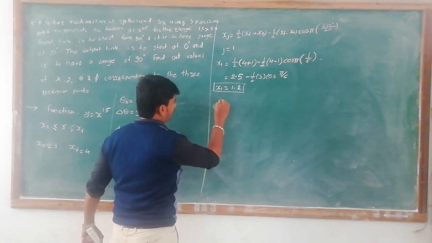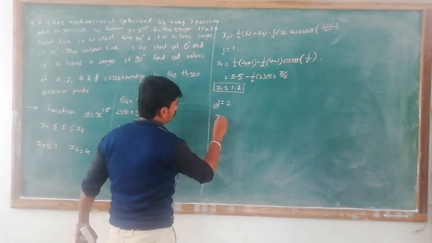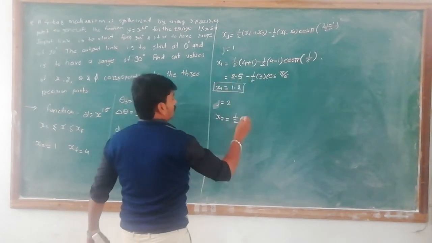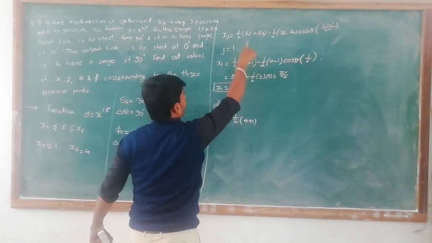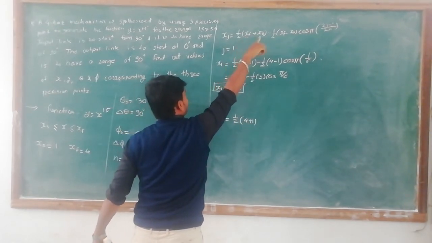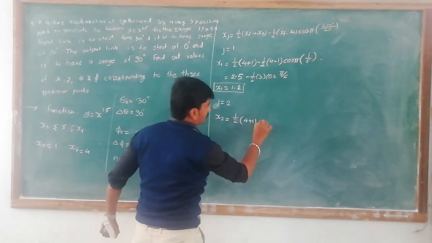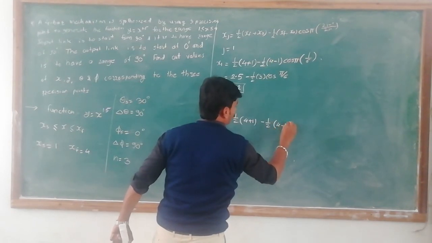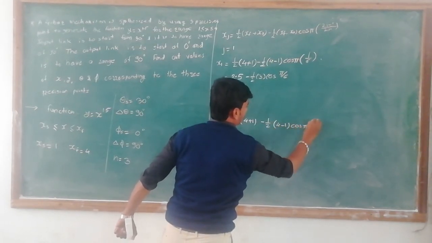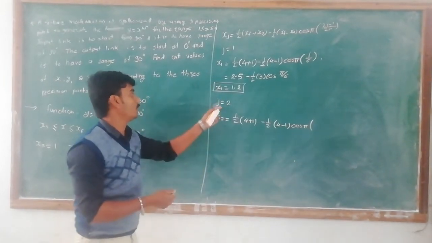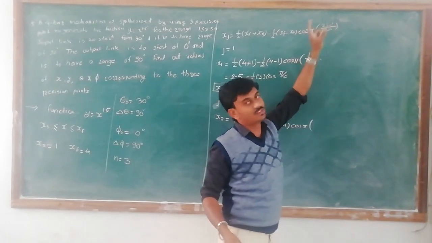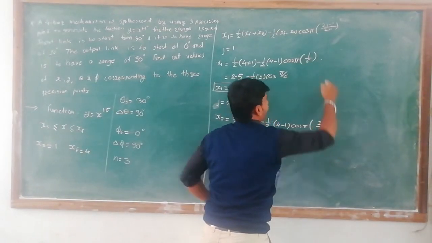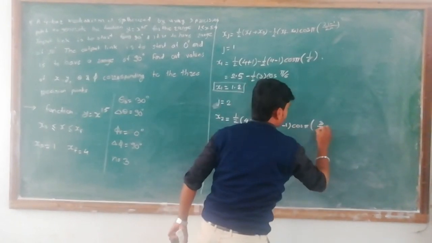So put j is equal to 2. x2 is equal to 1/2 into (4 plus 1) minus 1/2 into (4 minus 1) into cos of pi into (2j minus 1) divided by 2n. Here j is equal to 2, so 2 into 2 is 4, 4 minus 1 is 3, divided by 2n, which is 6.